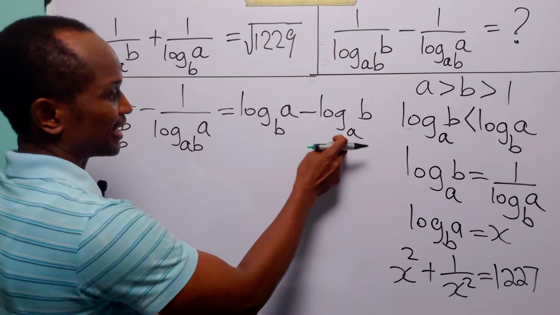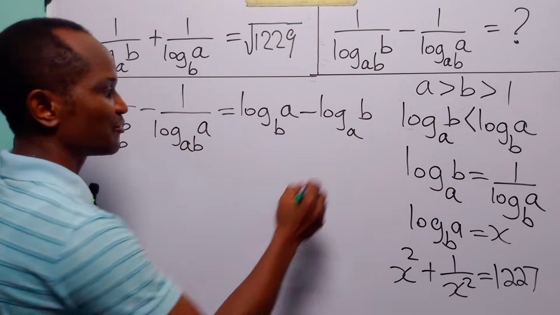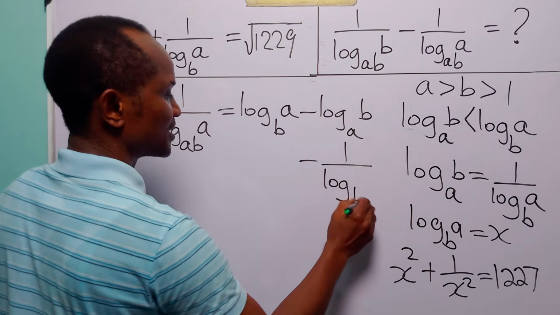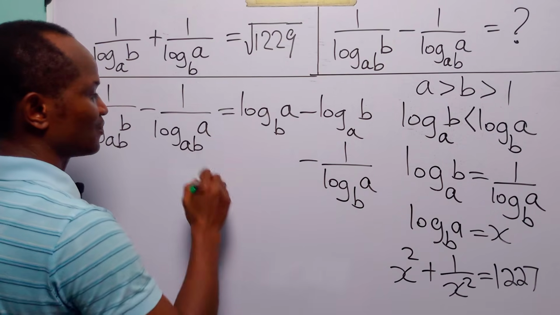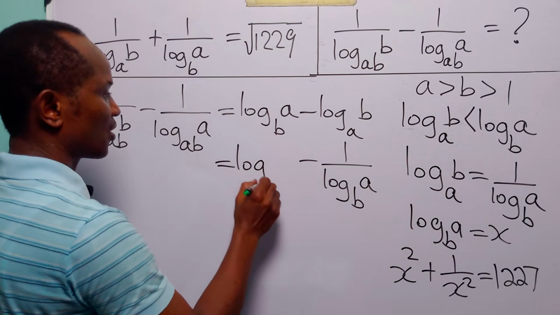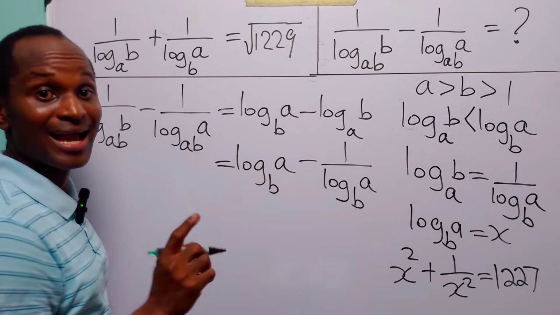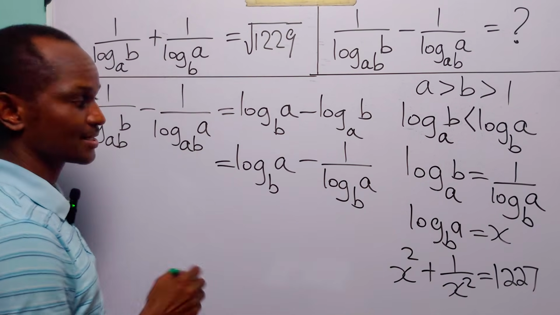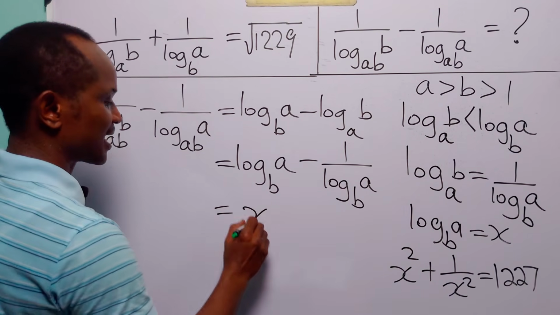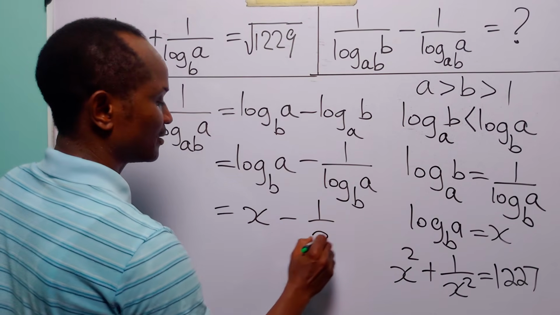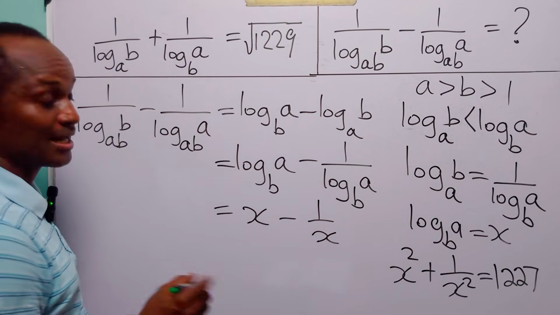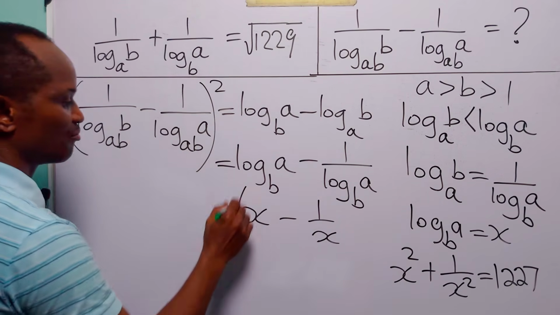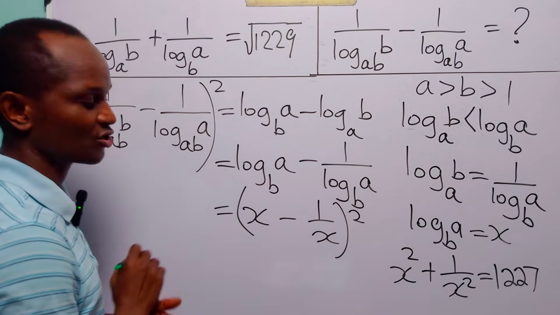But now let us remember that log to base A of B can be written as 1 over log to base B of A. We still have log to base B of A. And also let us remember that log to base B of A is equal to x. So this can be written as x minus 1 over x. Now the next thing we are going to do is square both sides of this equation.